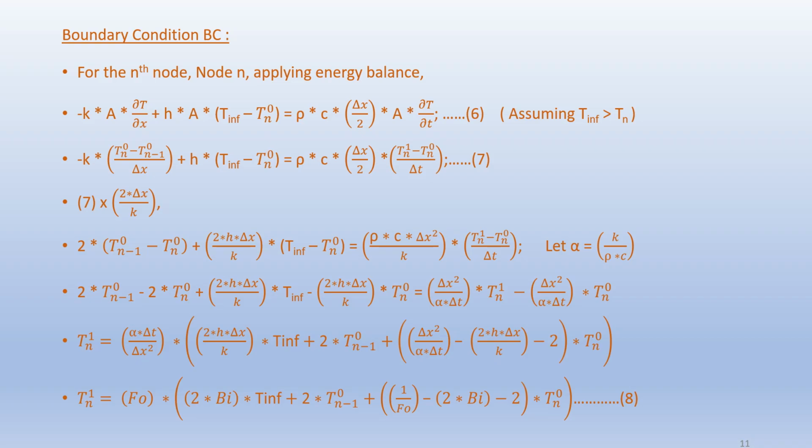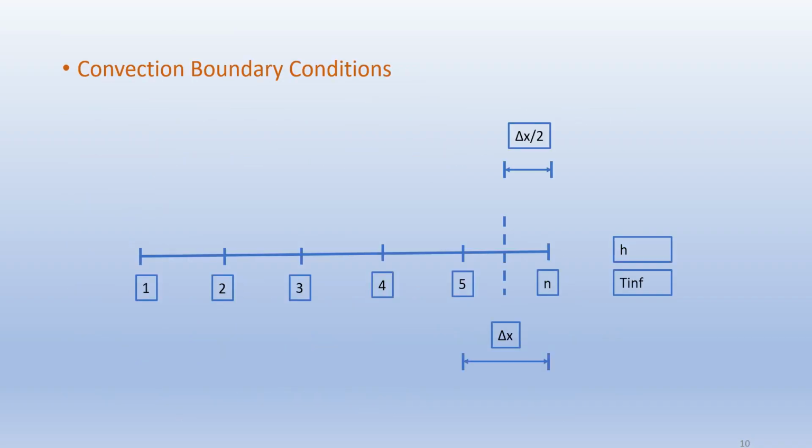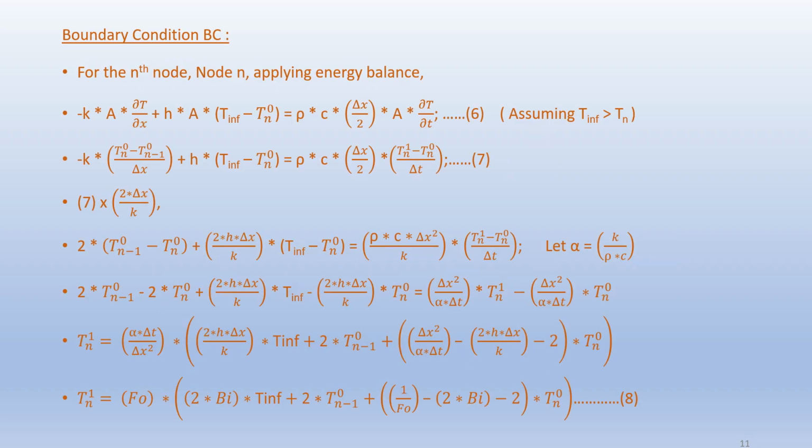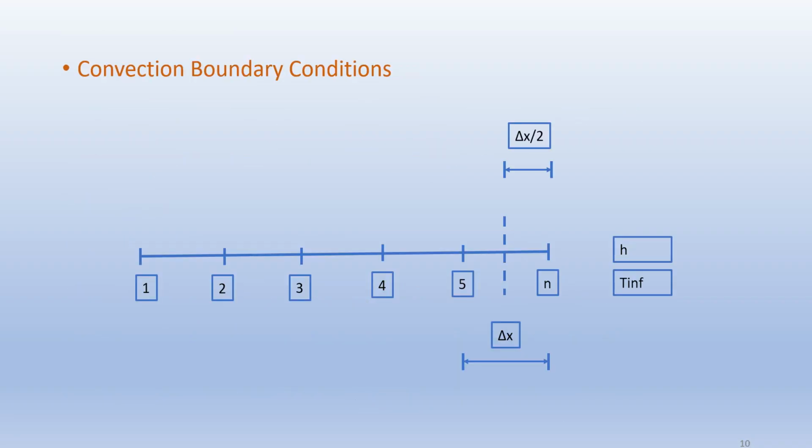Accordingly, the energy coming from one end by convection, for example, is equal to the energy increase in the plate. For this particular region, delta x by 2, there is an increase in energy, and there is a heat flux going from, for example, n to 5.